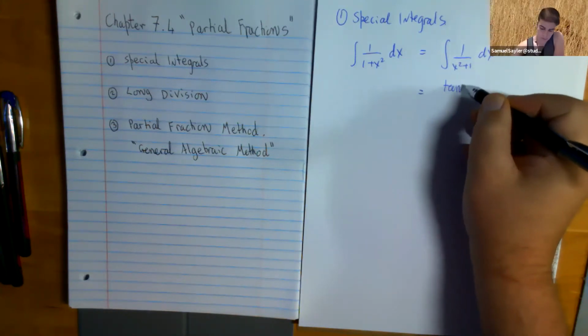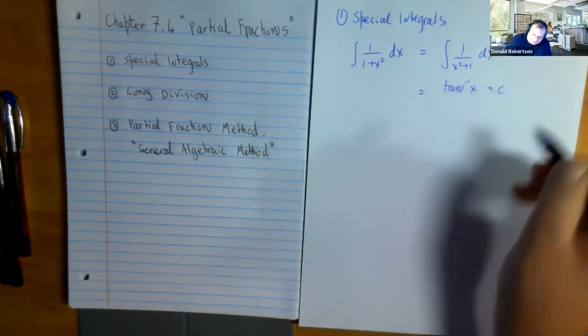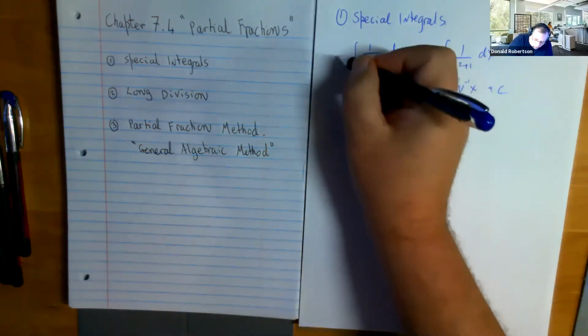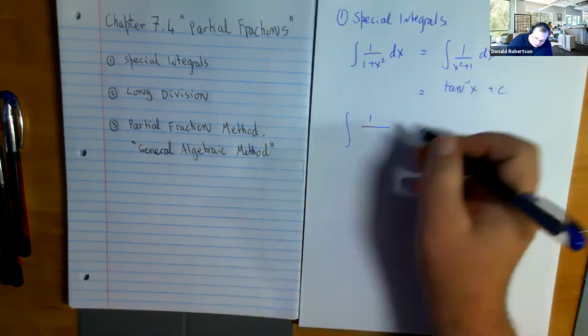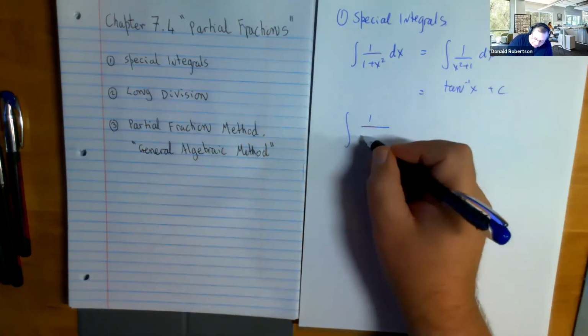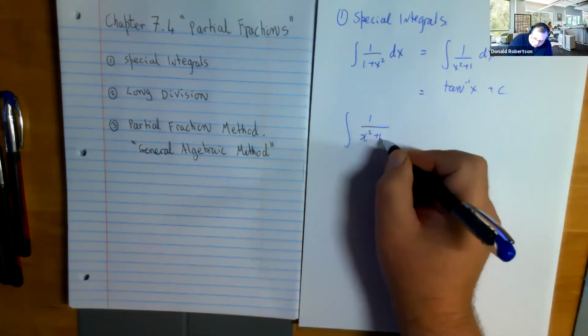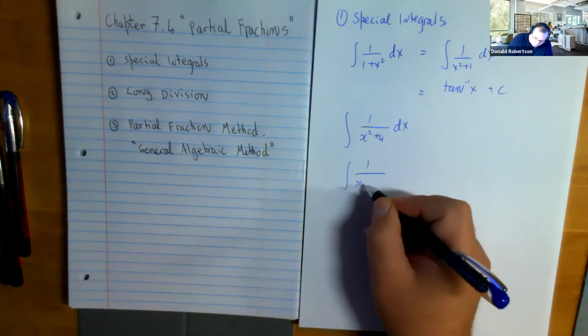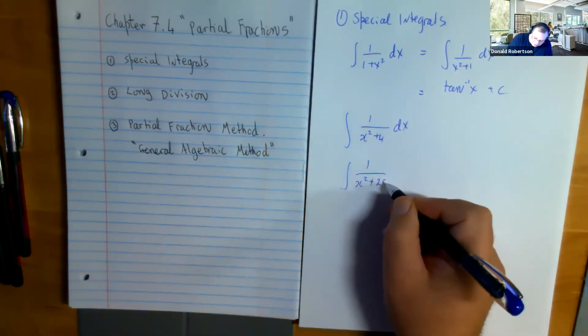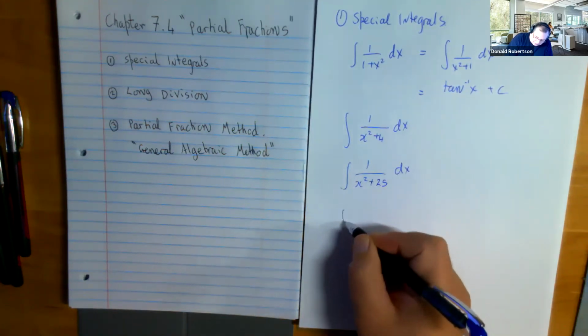Yeah. Technically plus c, right? We know that guy, but you know that I'm going to write it this way, I guess because my brain likes it that way. We can actually integrate a whole family of questions that look very similar.